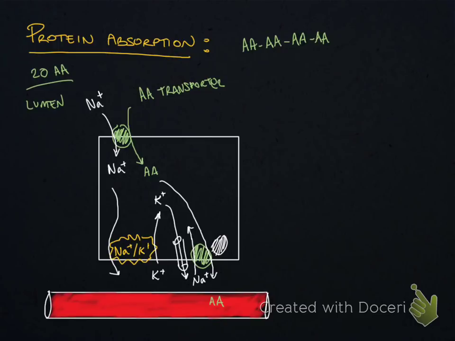Really what I want you to take from this is that since we utilize 20 different amino acids to make all the proteins in our body, we will have many different types of amino acid transporters that we use to absorb proteins.